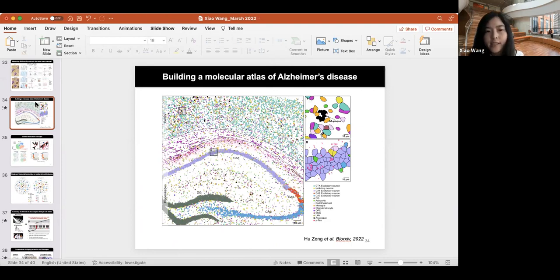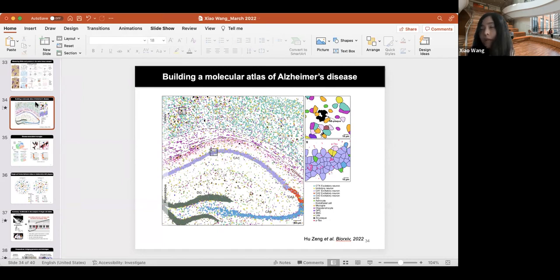Yeah, that's a great question. For the examples we are showing here, this is still a piece of thin tissue slide, which means we mostly see one layer of cells within that slide. So we did 2D spatial analysis for this cell type study, but in the future we do hope to do 3D analysis.